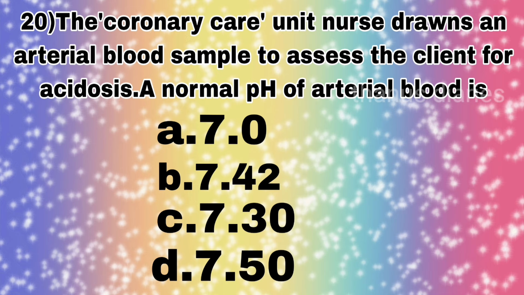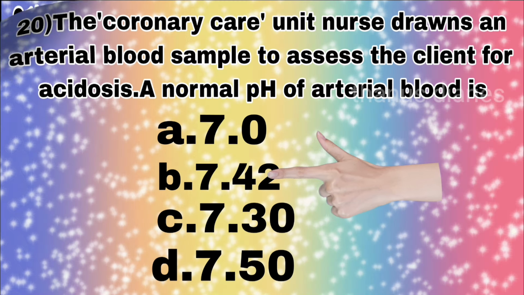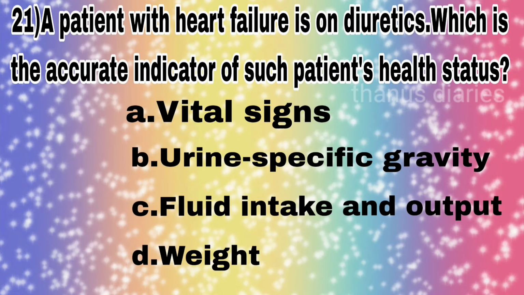A normal pH of arterial blood is 7, 7.42, 7.30, 7.50. It's 7.42. Next question. A patient with heart failure is on diuretics. Which is the accurate indicator of such patient's health status? Vital signs, urine specific gravity, fluid intake and output, weight. The answer is weight.